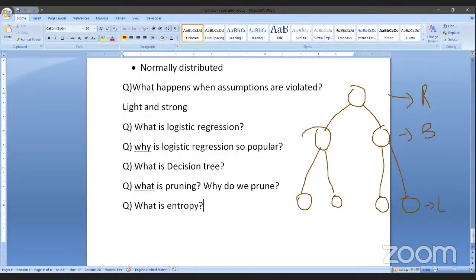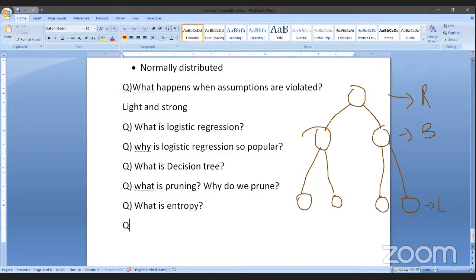So entropy is the measure of impurity or randomness. So it tells us how pure or impure the values of the data set are. We can also say it tells us about the variance in the data set.